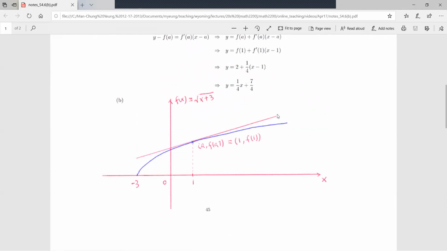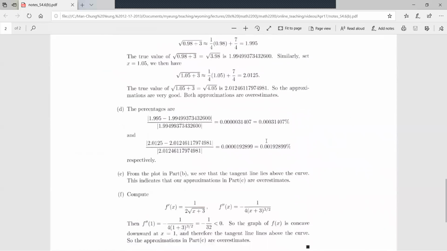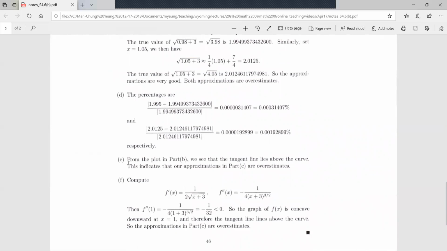From this diagram, we can see that the tangent line is above the graph of the function f. So when we use the tangent line to estimate the curve, the estimate should be an overestimate. Here is the answer to part E. From the plot in part B, we see that the tangent line lies above the curve, the graph of the function f.